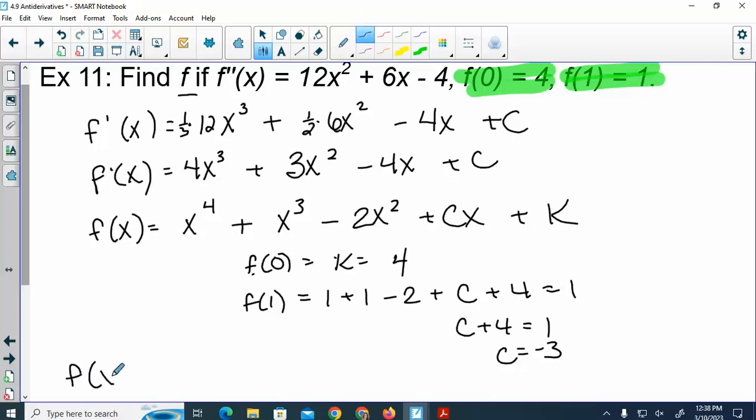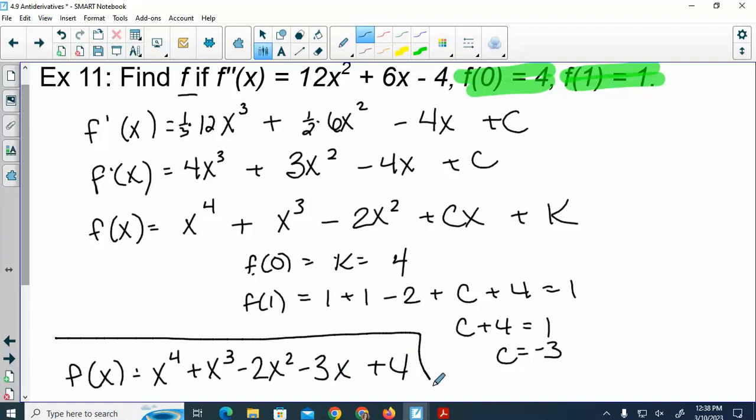So the original function, meeting all the specifications, is x to the 4th plus x cubed minus 2x squared minus 3x plus 4. So if you have any information, you can sometimes find those constants.